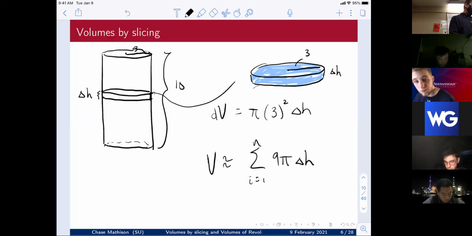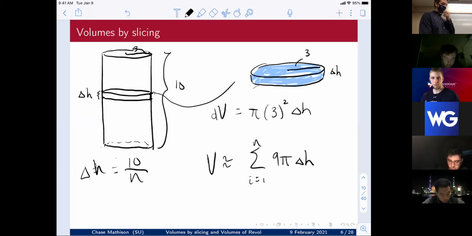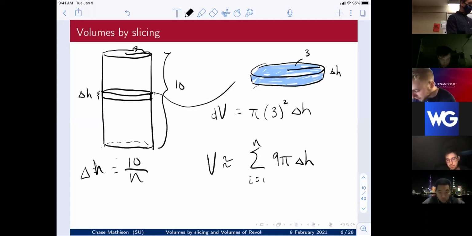So now we can think of delta H as, well, I have a length of 10, and I'm using n slices. So delta H is 10 over n, right? So delta H, how many little slices am I taking?